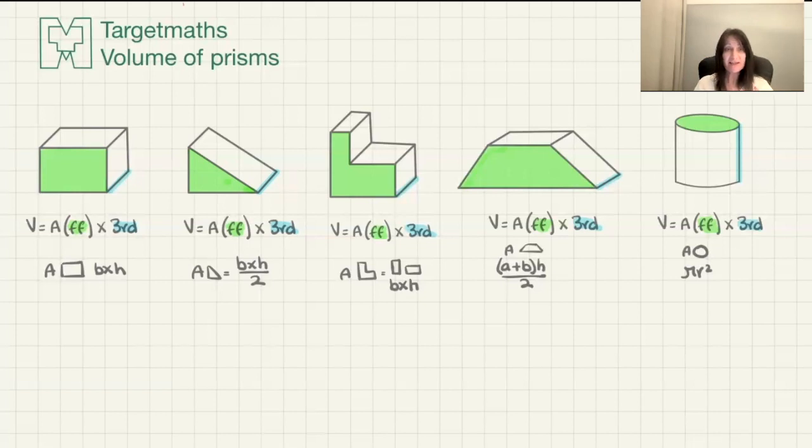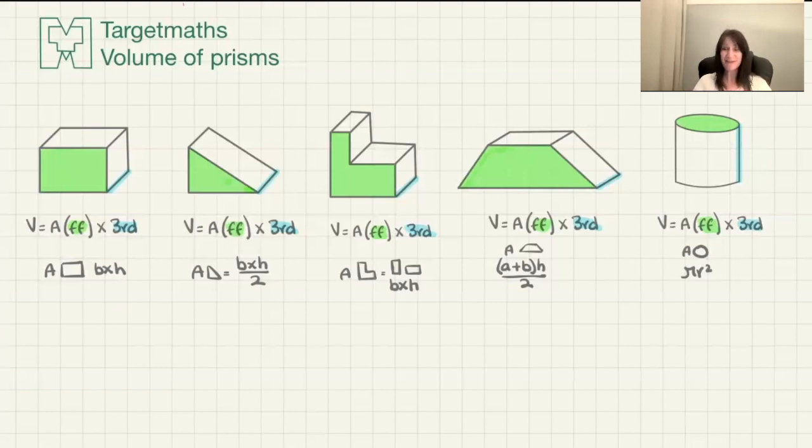So that's a nice summary of all the different types of prisms. As long as you can find the area of its front facing face, you should be good to go. The real skill with volume is knowing your area formulas. If you don't recall those formulas easily, then not only do they make area difficult, but they make volume difficult as well.